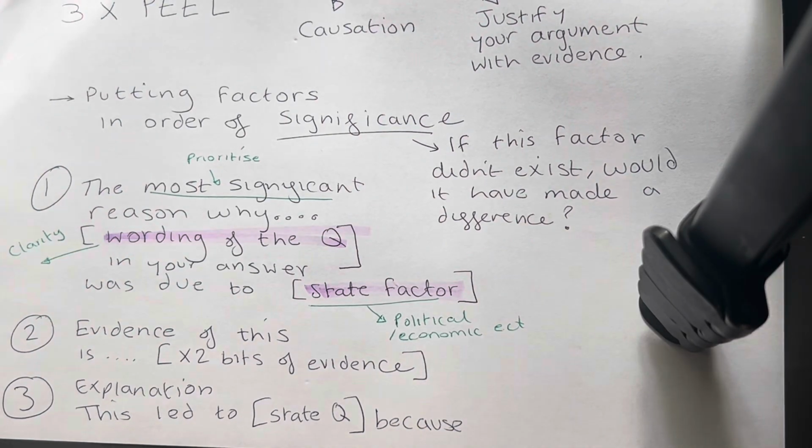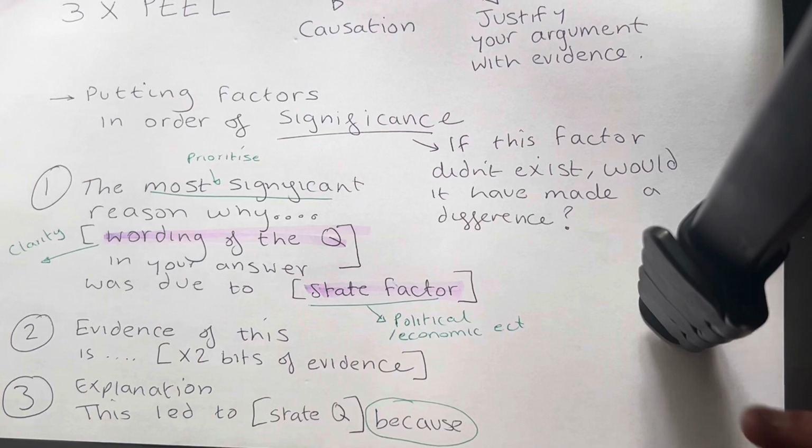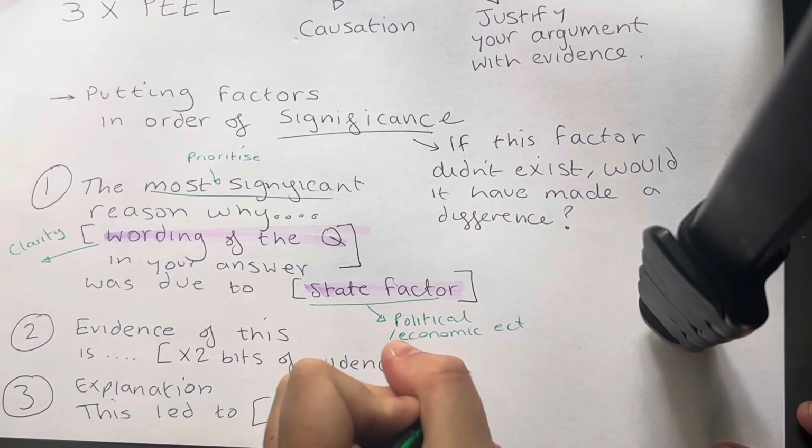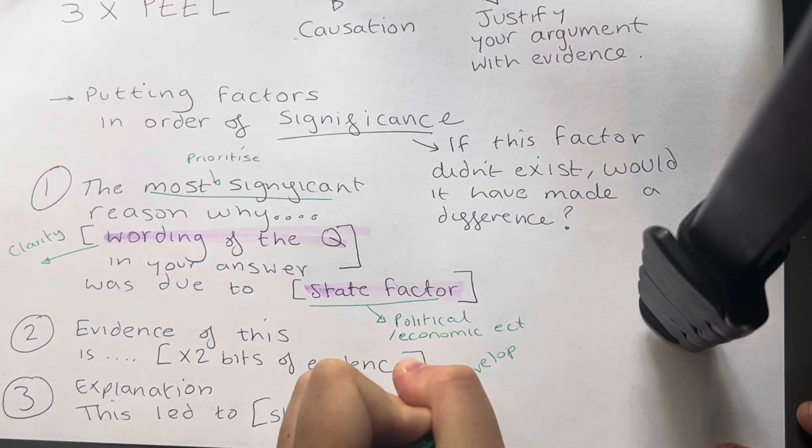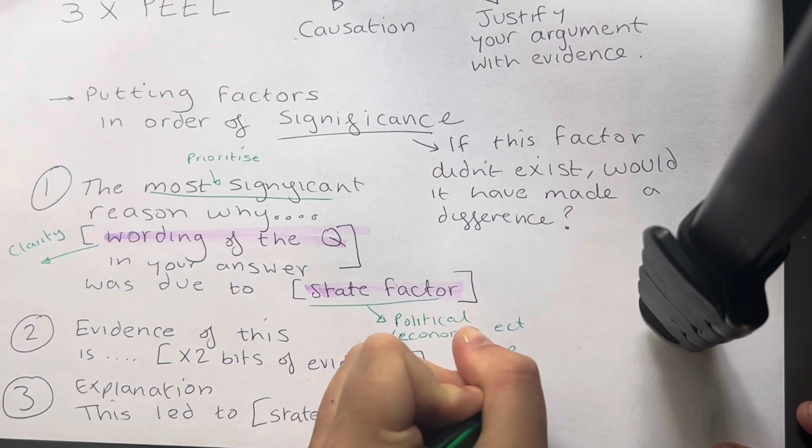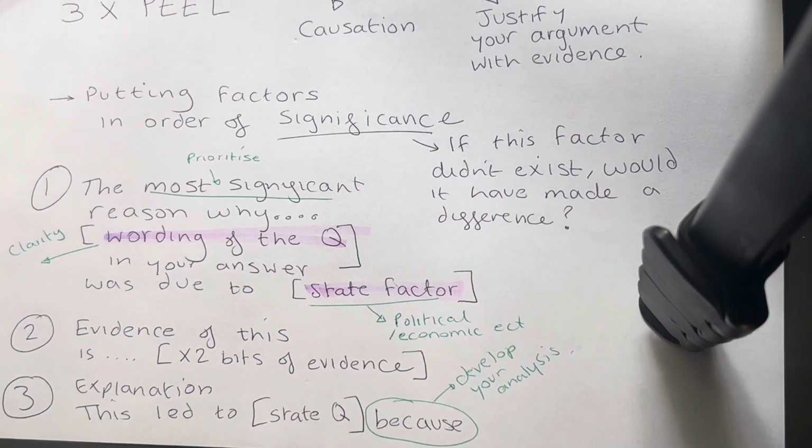Because is a really important word, because quite simply it allows you to develop your analysis. Because a lot of things that students tend to do is they'll give their evidence and they'll say this led to her execution, but that is not a developed enough explanation. So you must be using that word because so that you can develop your answer.